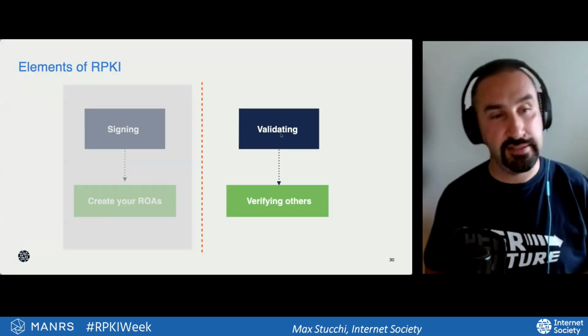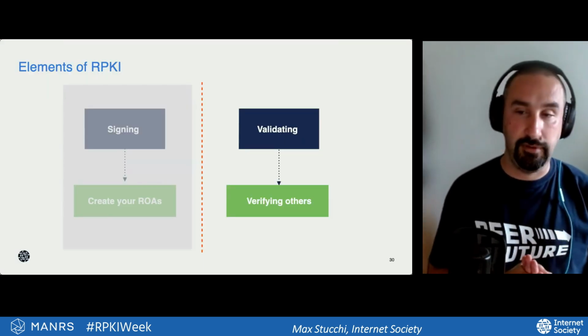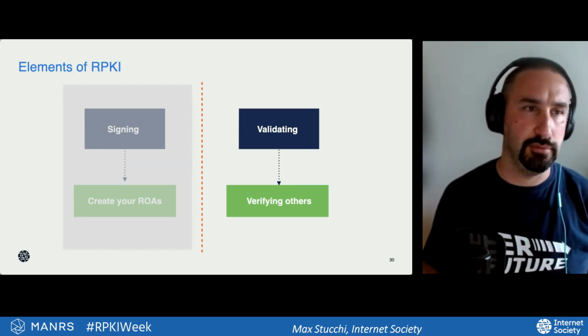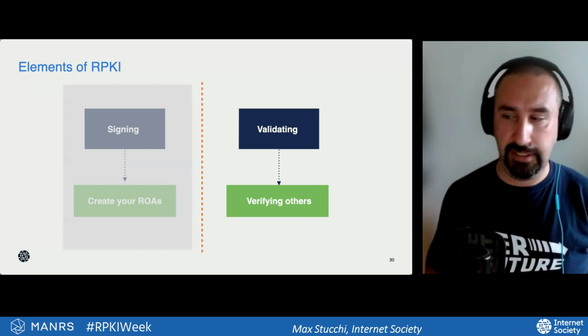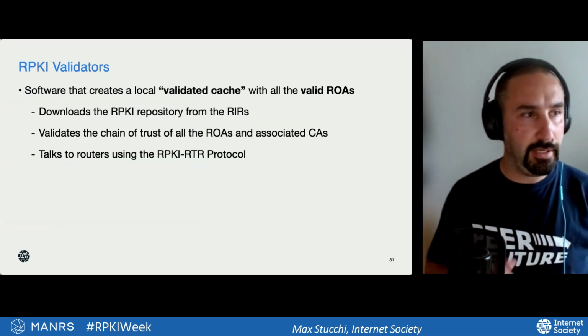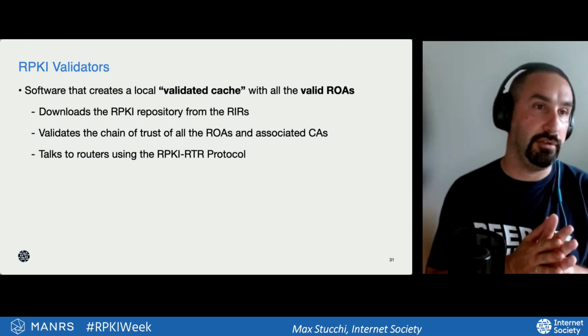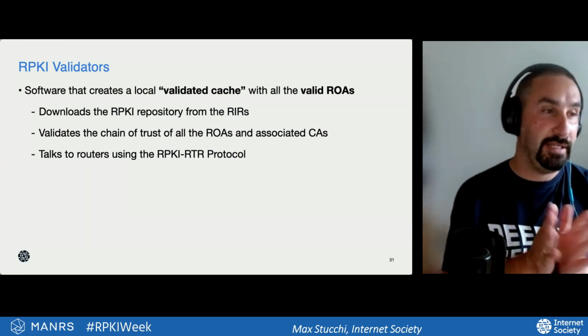So we look at the other side of RPKI: from the signature, from generating data, we move over to verifying this data. And when we look at this, we encounter software called RPKI validators.